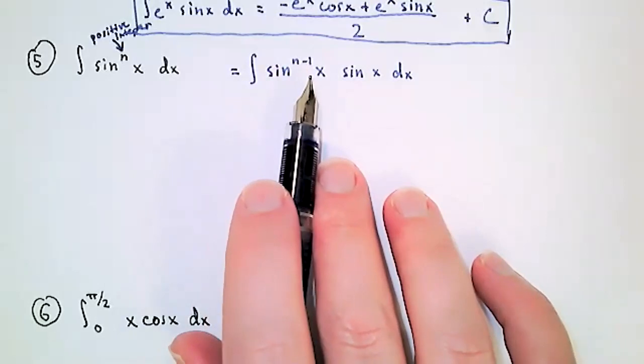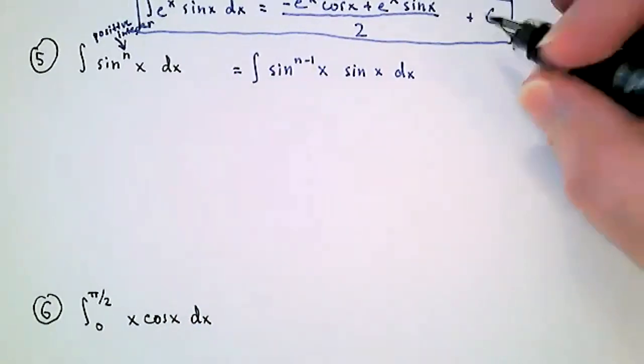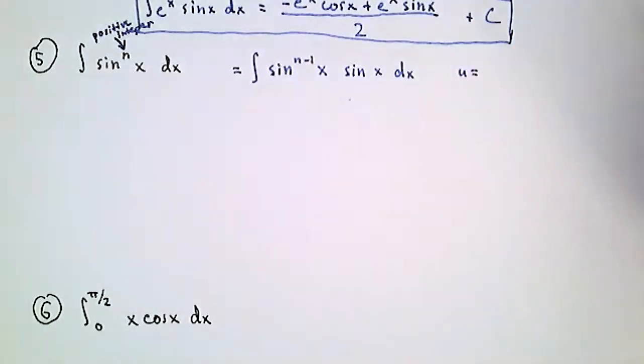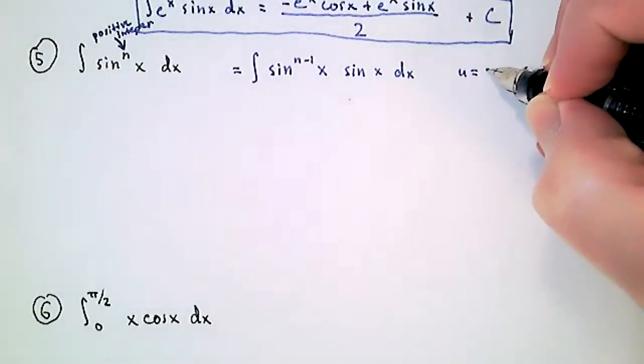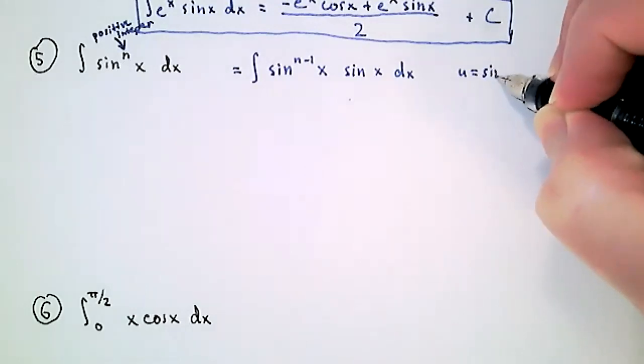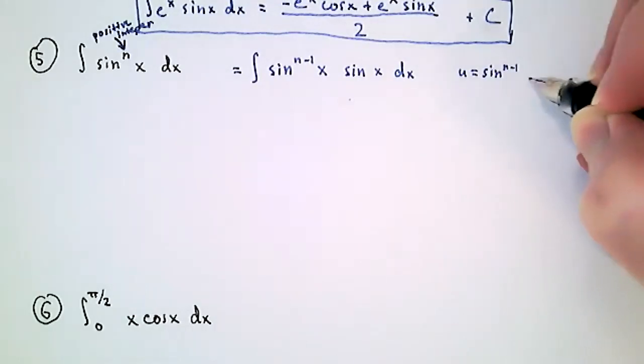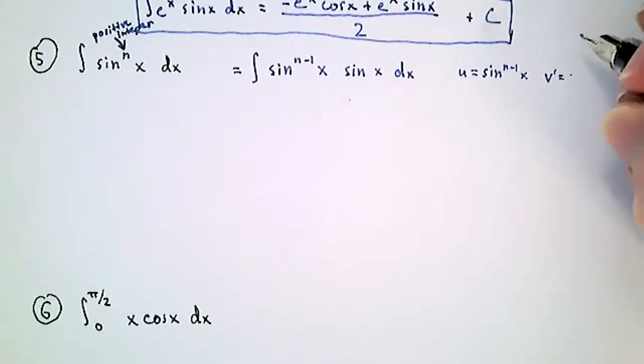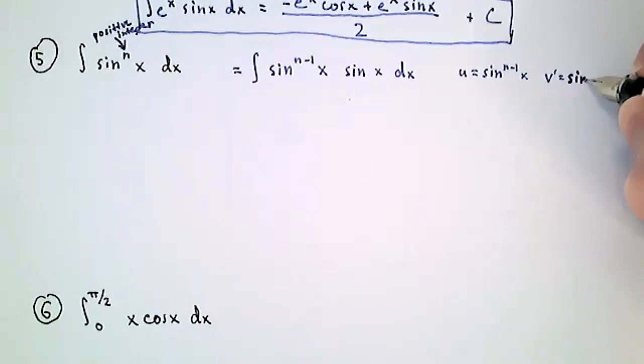It would be hard to find an antiderivative, but we can find a derivative. And then sine x is going to be my v prime, because we know how to find an antiderivative for a single sine function.